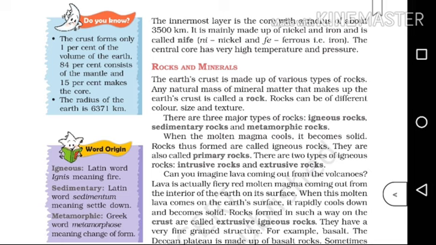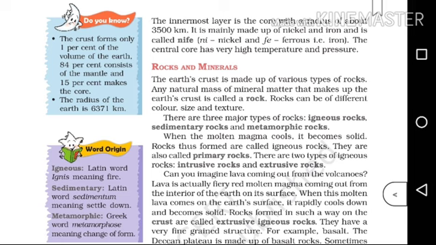Only 35 kilometers for the crust over the continental mass and only 5 kilometers over the ocean floors. So, it only constitutes 1% of the total volume of the Earth. The remaining 84% is mantle and 15% is core. The radius of the Earth is 6,371 kilometers. So, what's the radius of the Earth?